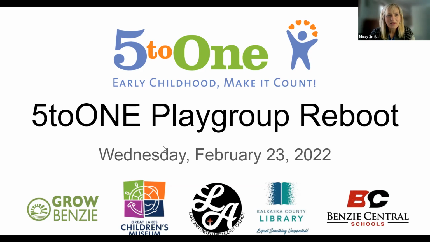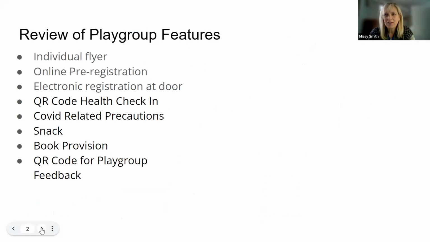So with that, we're going to head to our first slide, and I thought it'd be a good quick review of playgroup features. This will help us look at some of these elements. Not every neighborhood center utilizes every element, but some of them work pretty consistently across the network.